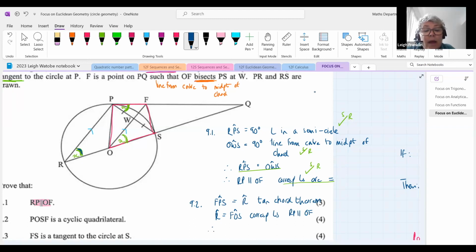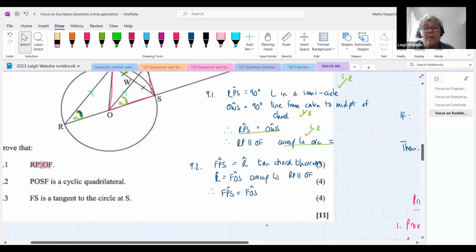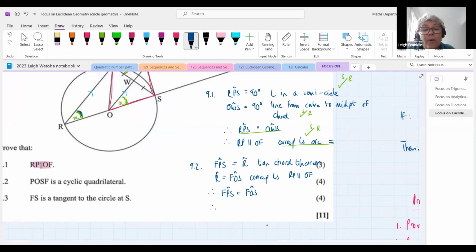Therefore, angle FPS equals angle FOS. Therefore, POSF is cyclic, and I use converse angles in the same segment.